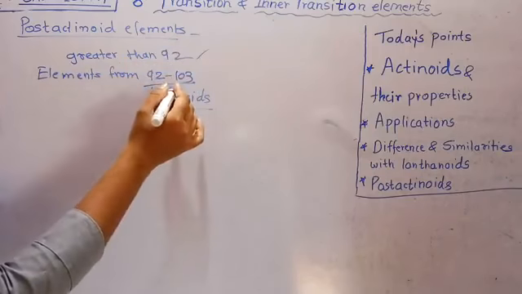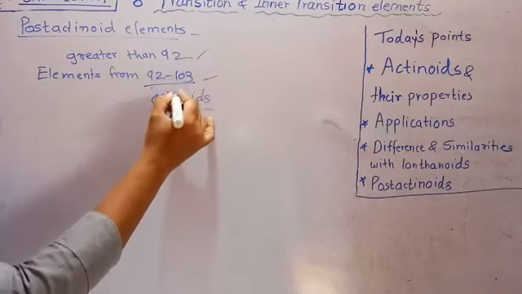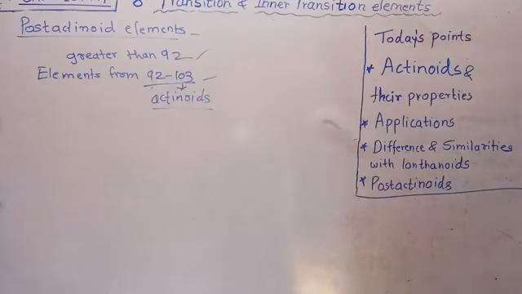The elements from 92 to 103 are included in the actinoids.